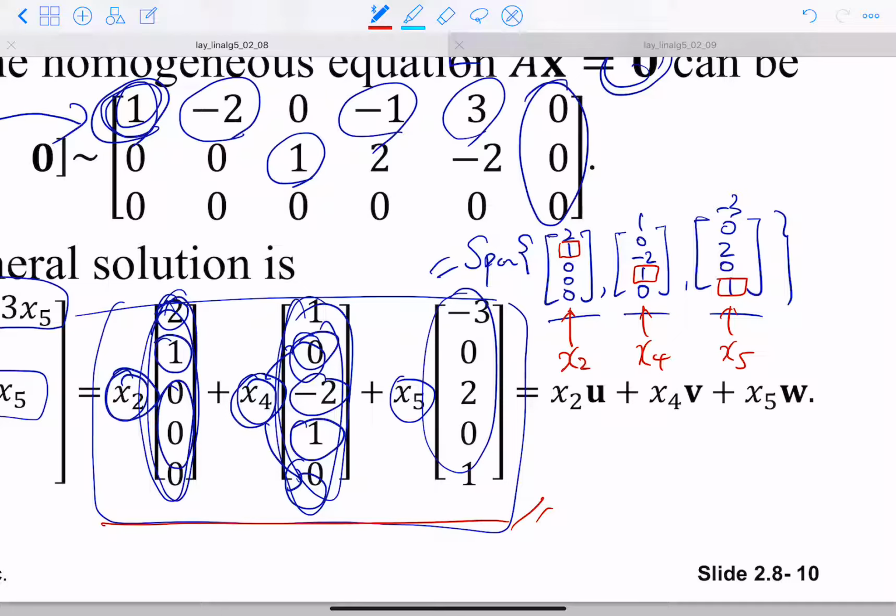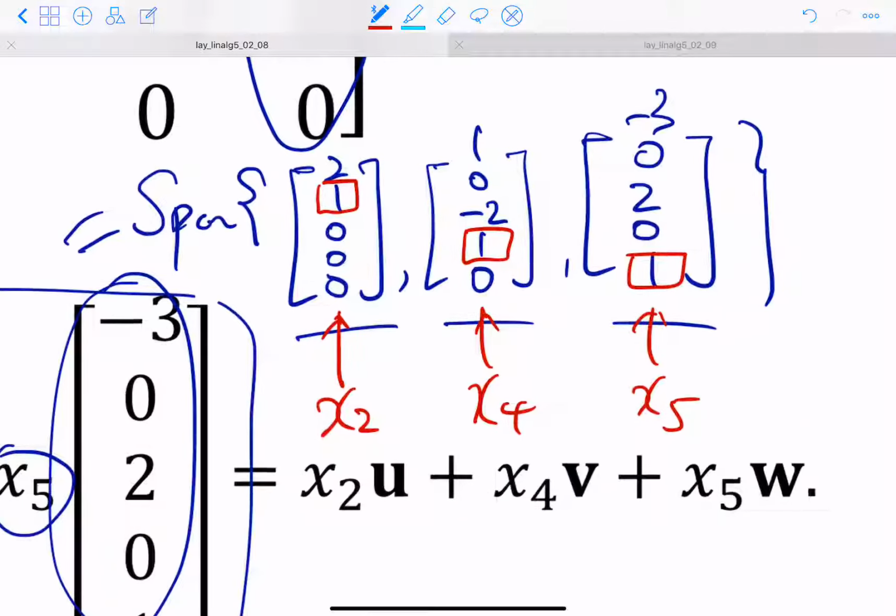But here, in order to check whether they are linearly independent or not, we have only one 1 in the place of the second variable, but all the other parts, basically x2 itself, will not contain any other free variables, right?